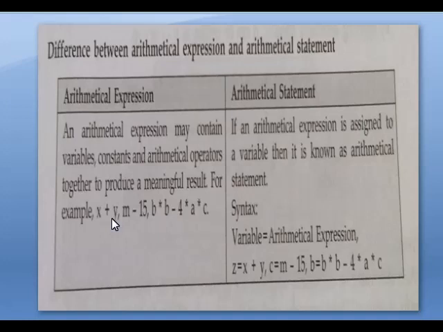But an arithmetical statement means we are using one variable to store the arithmetical expression. For example, z is equal to x plus y. When we add these two values, it will be stored in the variable z. So this is the difference between arithmetical expressions and arithmetical statements.